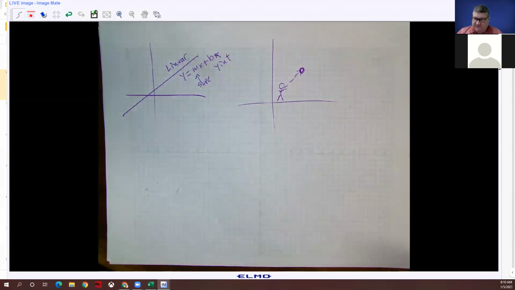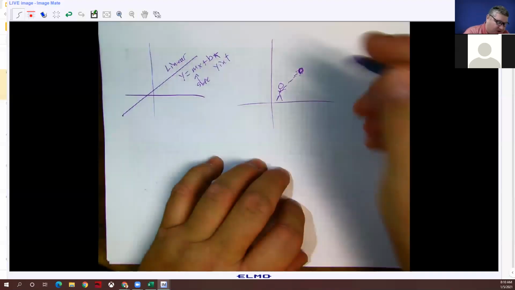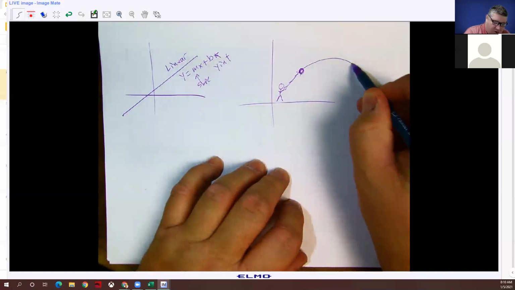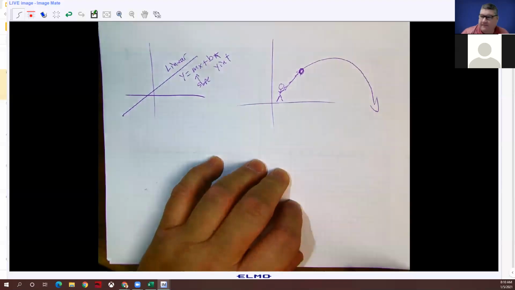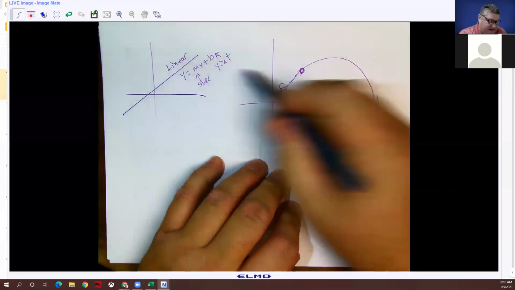Put it in the chat or say it. Yeah, it's going to come back down. It's going to fall down. Yep, that is exactly it. And so that ball is going to do this, it's going to go woo like that.